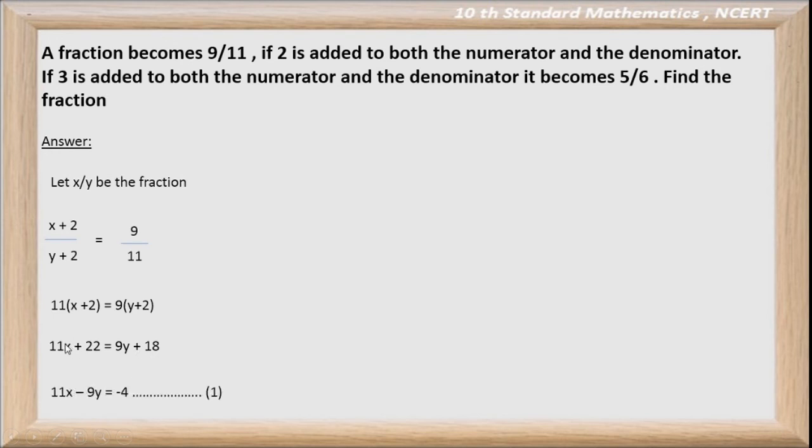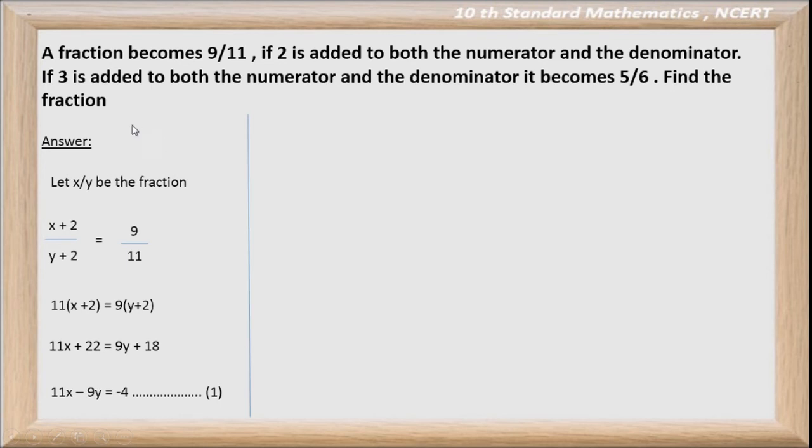Now we can write 11x minus 9y equal 18 minus 22, that means variable terms on one side and the constant terms on the other side. Here it is addition, so it will go to this side as subtraction. So 18 minus 22 is minus 4. Make it as equation number 1.